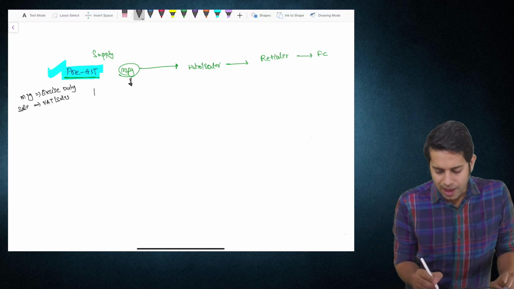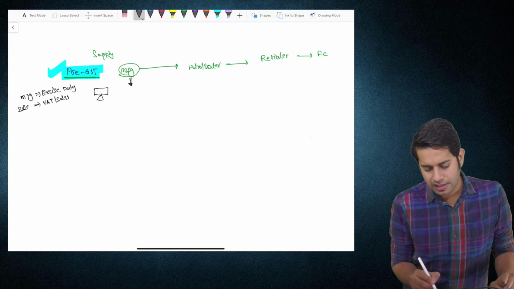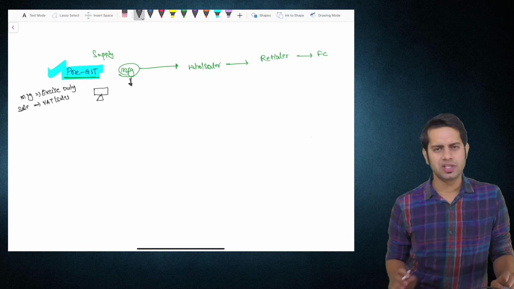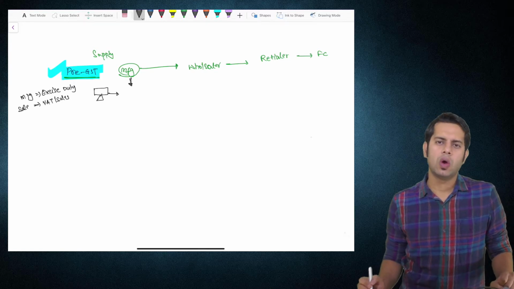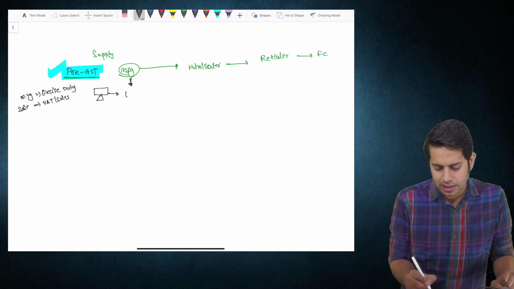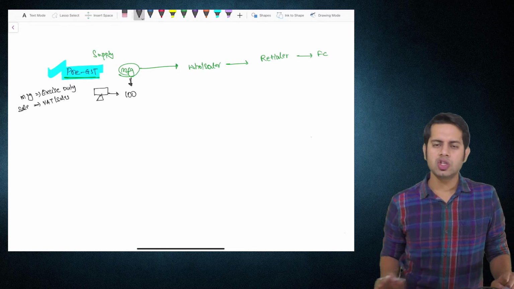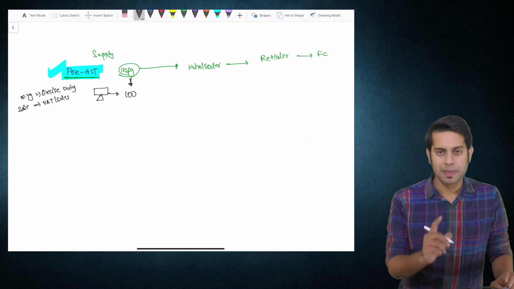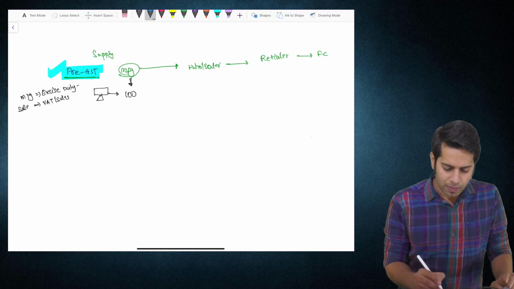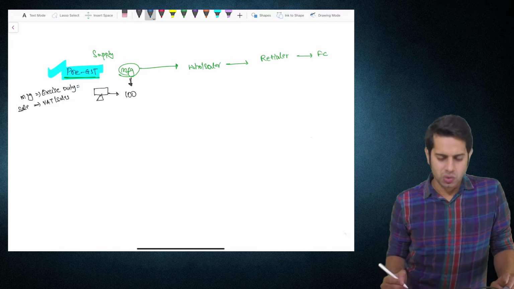Now, assuming the manufacturer has manufactured a television. The cost of manufacture of this television is 100 rupees. Because he has manufactured, he is liable to pay excise duty.